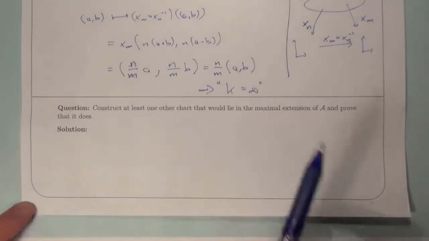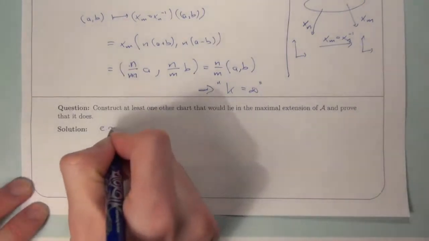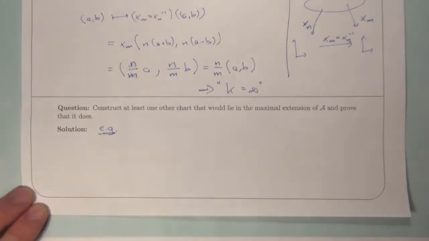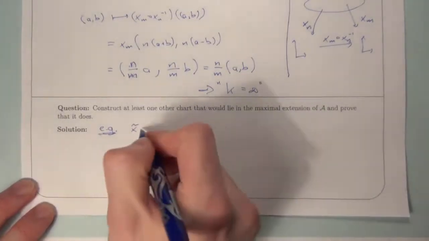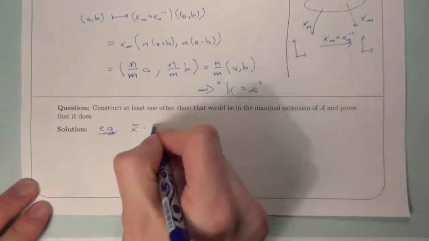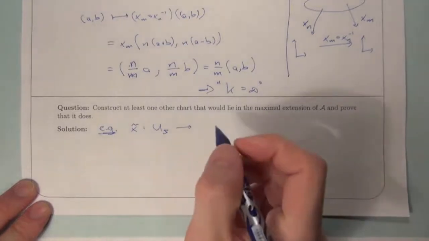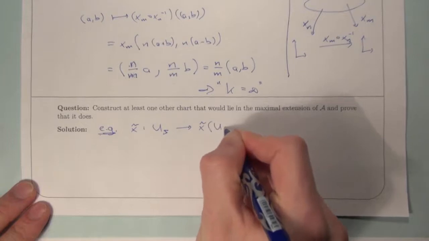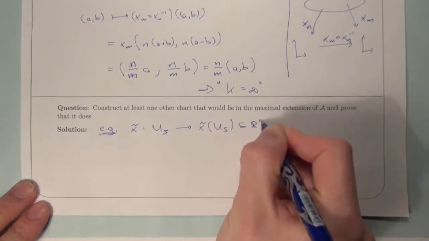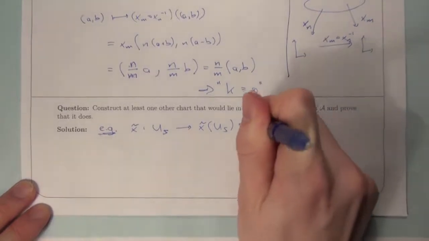That means the chart transition functions have to be C infinity. And we think of an example, that's really just an example, you can pick any other one, call it x tilde, that's the chart map, and the chart domain is, say, U_5. Does not really matter, but I picked U_5, and this goes to x tilde of U_5, which is clearly a subset of R^2.